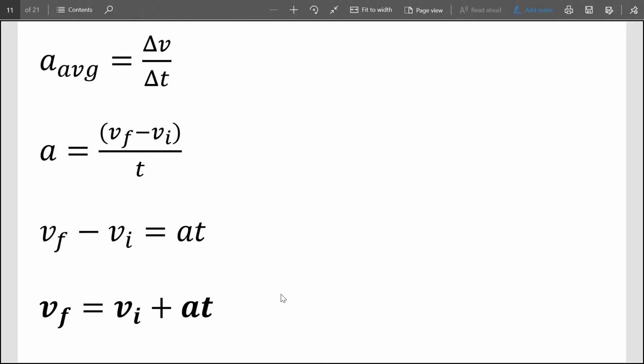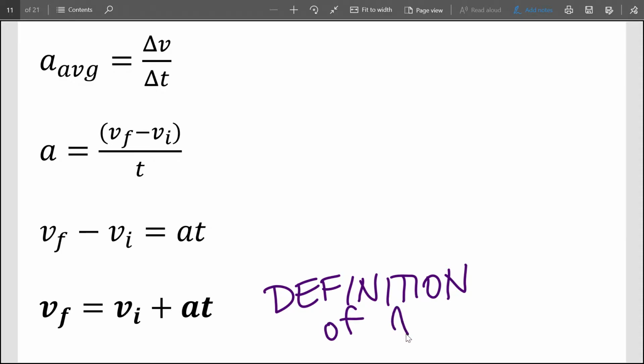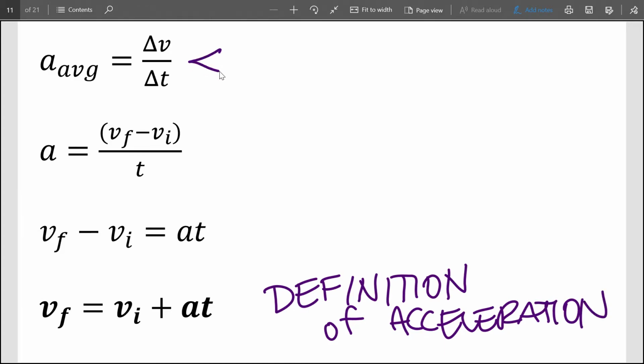We actually say that this equation is the definition of acceleration. It doesn't look like a definition of acceleration. Actually, this looks more like the definition of acceleration, but this is the equation that we use, and it is equivalent. I mean, we just did some very simple algebra to get from the top line to the bottom line, so we call that equation the definition of acceleration.